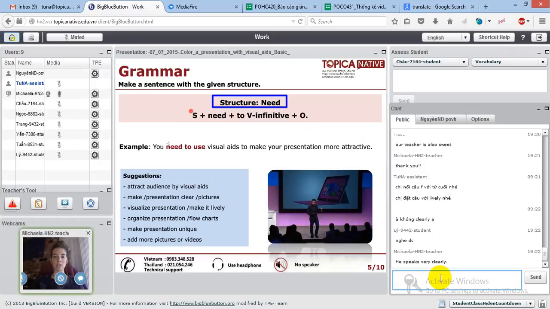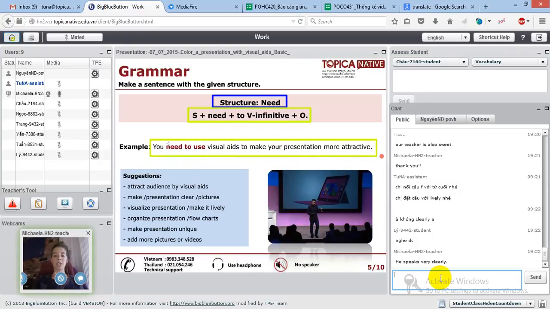And so someone or something needs to plus the verb plus the object. Okay, so this is a good use of using the word to with a verb in its infinitive. The example: you need to use visual aids to make your presentation more attractive.